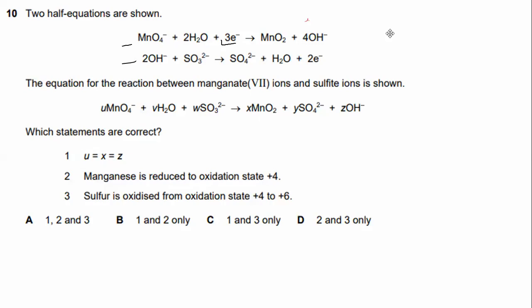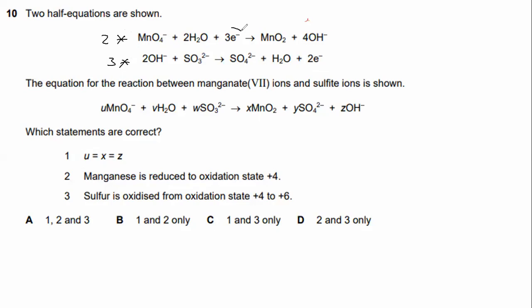And as you see here, guys, this equation is reduction, this one is oxidation. To add them, we have to balance the number of electrons in both equations. They are not balanced. So equation 1 should be multiplied by 2, and equation 2 will be multiplied by 3.